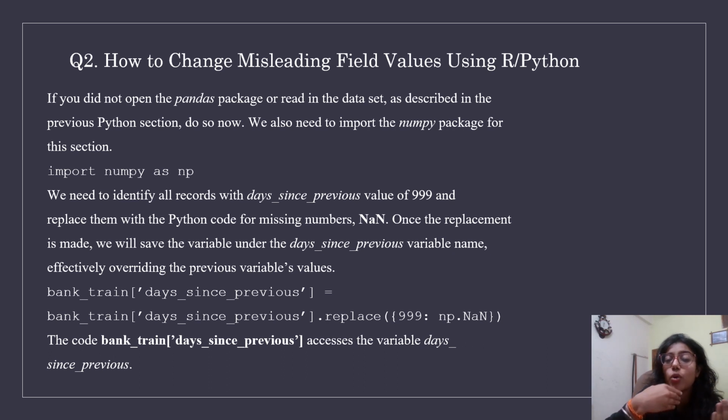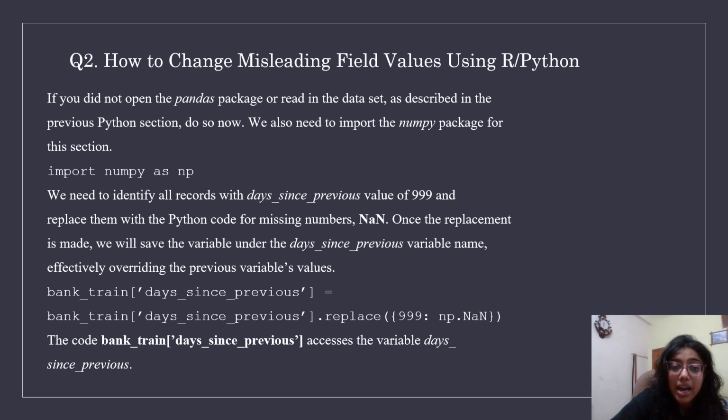We need to identify all the records with days since previous value of 999 and replace them with the Python code for missing numbers, NaN. Once the replacement is made, we will save the variable under the days_since_previous variable name, effectively overriding the previous variable's values.